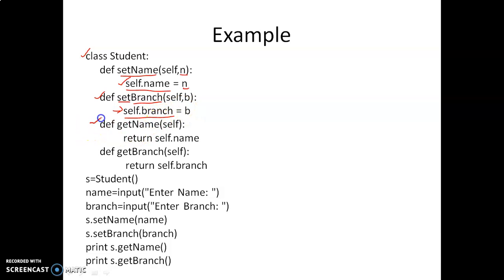Next, I am writing two get methods. One returns the name value of the variable, and another returns the branch value of the branch variable. return self.name returns the name variable value. return self.branch returns the branch variable value.